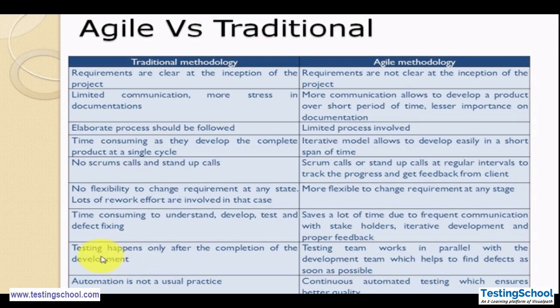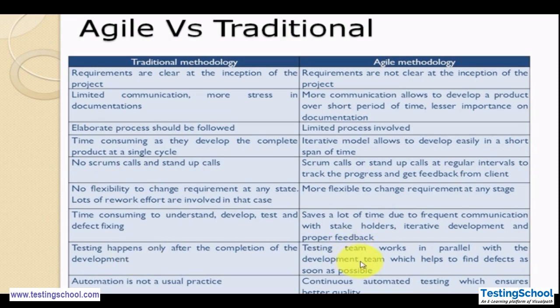Then in traditional model, testing happens only after the completion of development. So it is at the last stage because once the complete software is developed, then only we start our testing. So it takes a lot of time to reach the testing cycle.